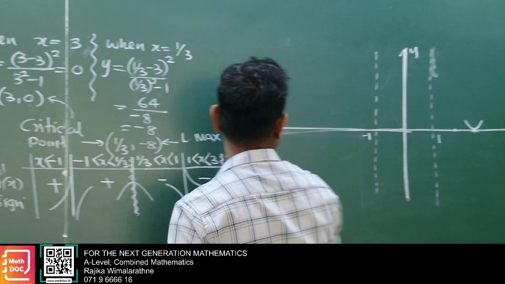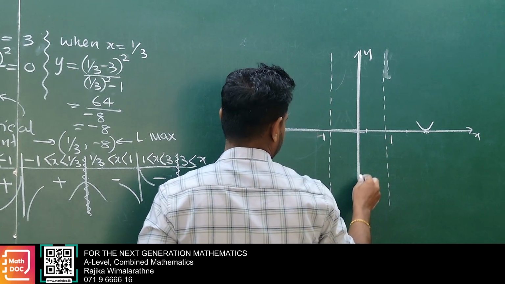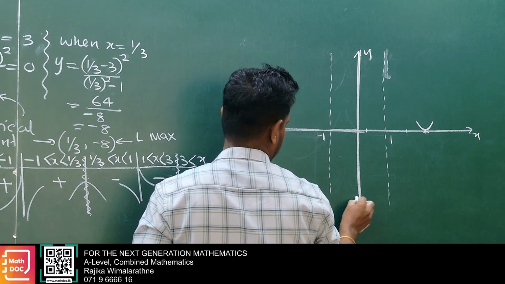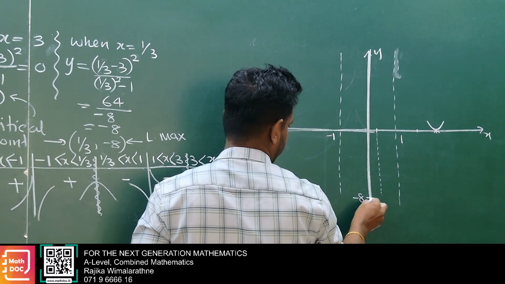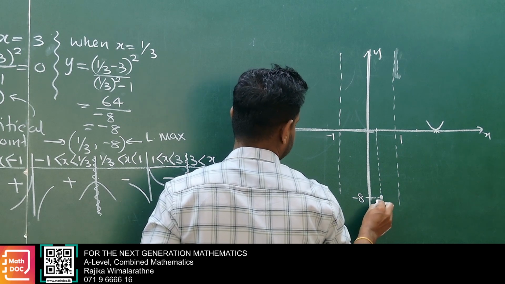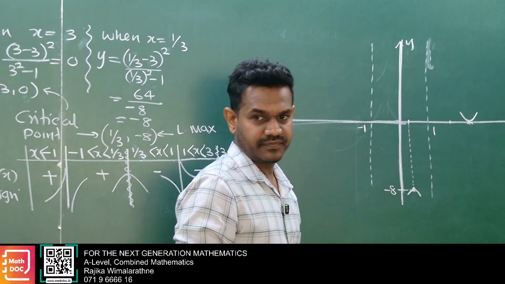Then (1/3, minus 8). Here 1/3 somewhere here, minus 8. I'll take here. That is the local maximum.